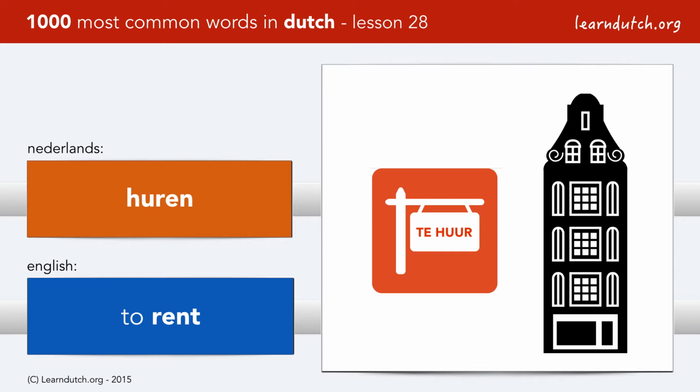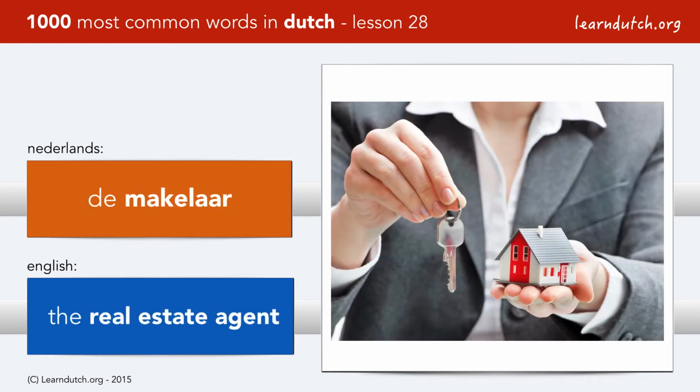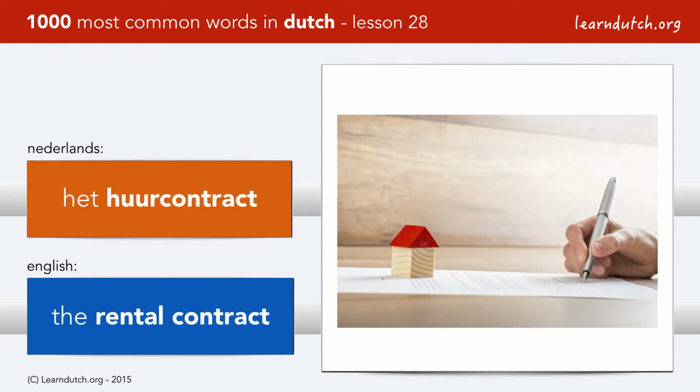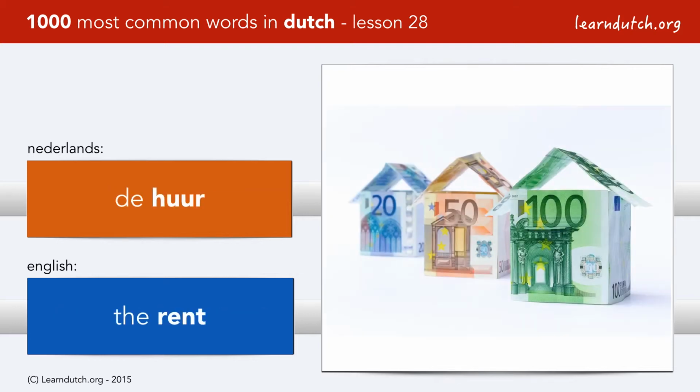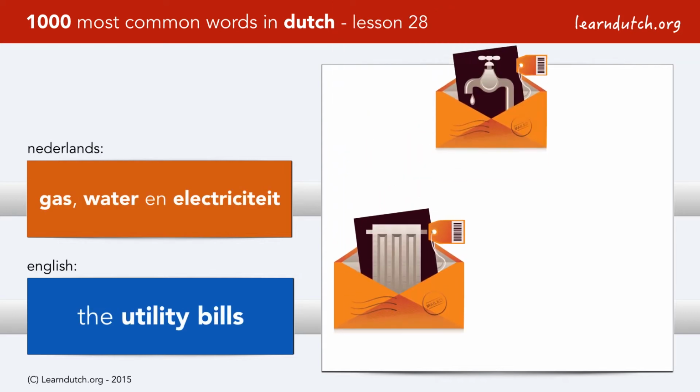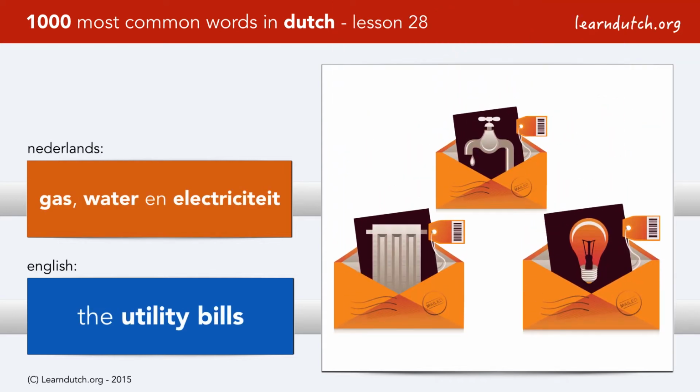I will mention some important words you should know when you search for a place to rent. De makelaar. Het huurcontract. De huur. Usually not included in the rental fee are gas, water en elektriciteit.